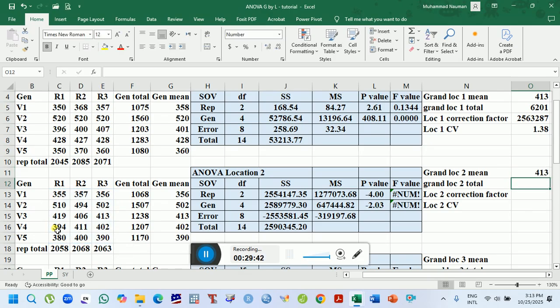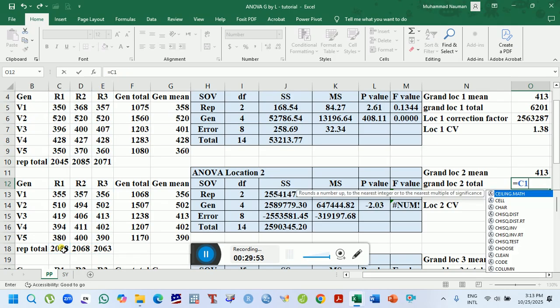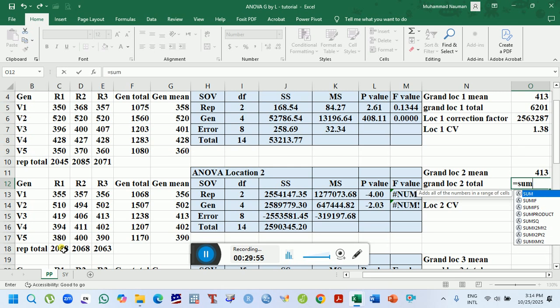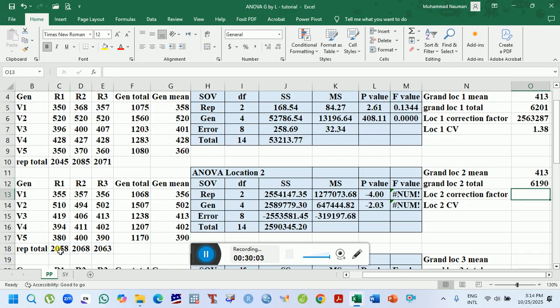Enter. Grand total is equal to rep totals. First we will type SUM. Double click on sum. Enter. Same method as we did for location one.